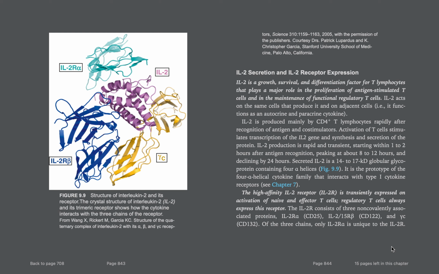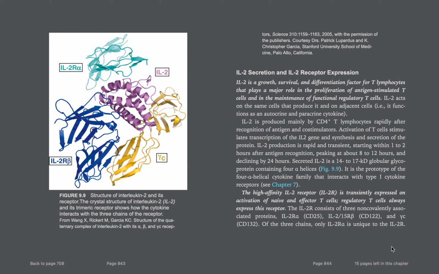Secreted interleukin-2 is a 14 to 17 kilodalton globular protein containing 4 alpha helices. It is the prototype of the 4 alpha helical cytokine family that interacts with type 1 cytokine receptors, seen in Chapter 7. The high affinity interleukin-2 receptor is transiently expressed on activation of naive and effector T cells.